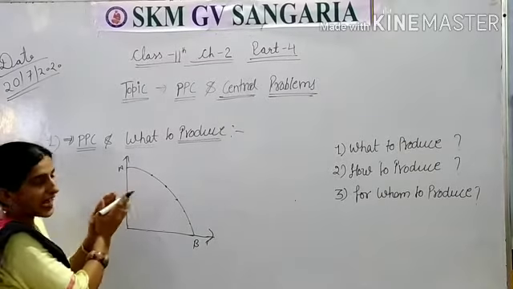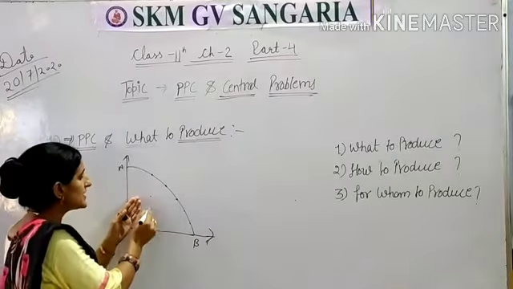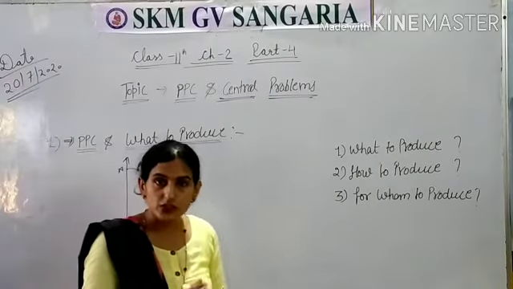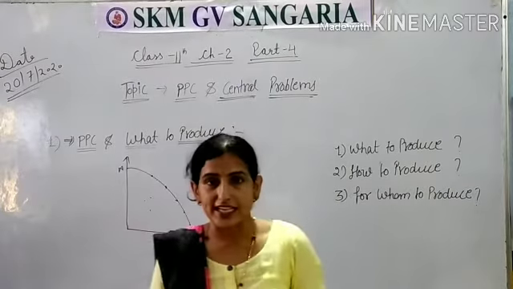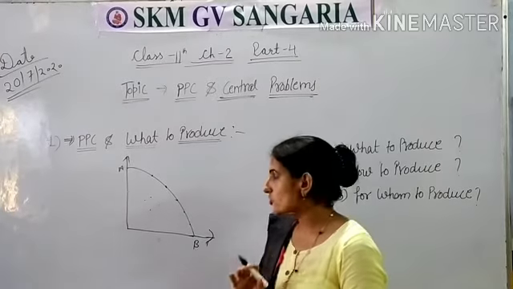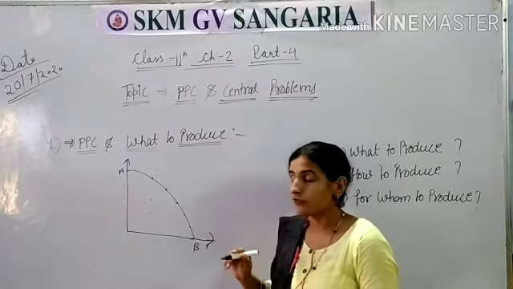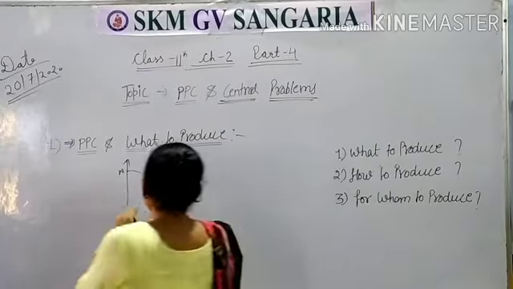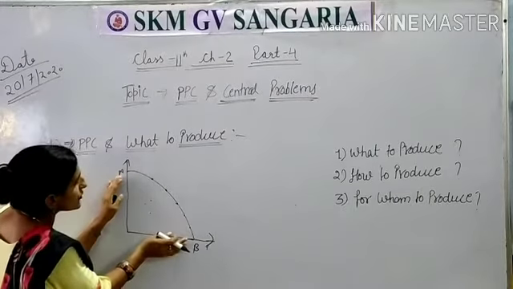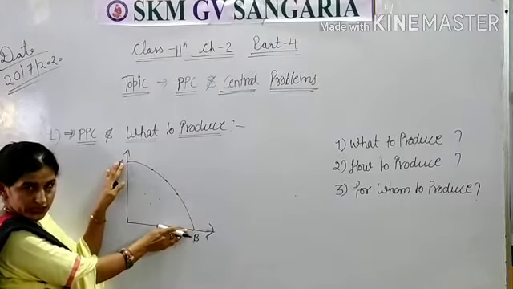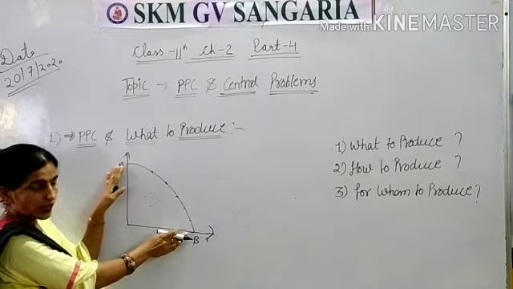If we are taking any point inside the PPC, then we call this underutilization of resources, because we are saying that PPC shows the combination of goods which can be produced with the help of given resources. It means this AB curve shows that the resources we have, this much resources, and technology is constant.